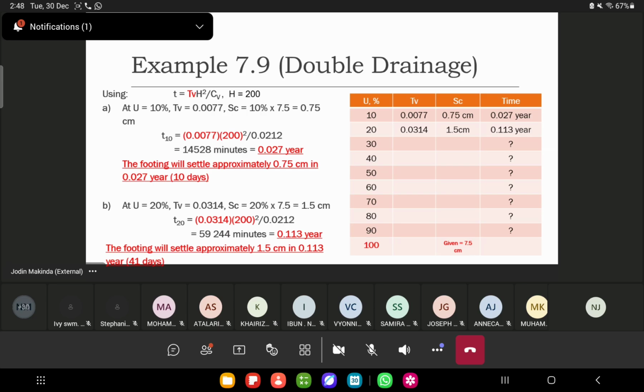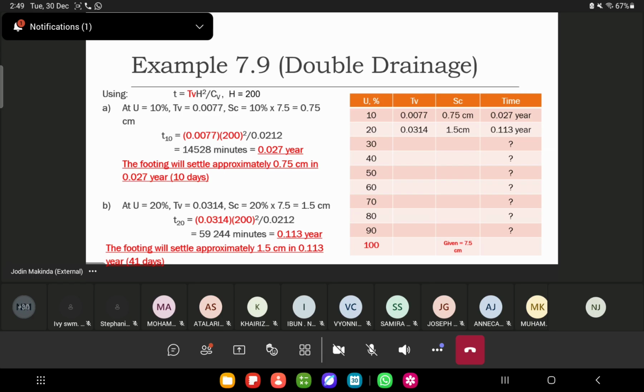Remember, the Cv value is given in centimeters, therefore your H is also in centimeters. Solving the equation, we find the time at 10% is equivalent to 0.027 year. Meaning the footing will settle approximately 0.75 centimeter in 0.027 year. This is 10%.